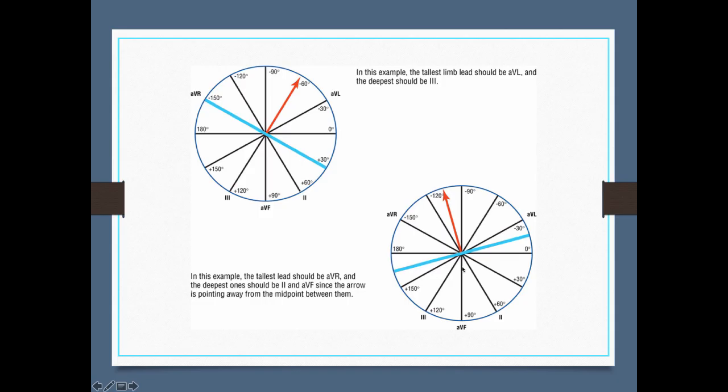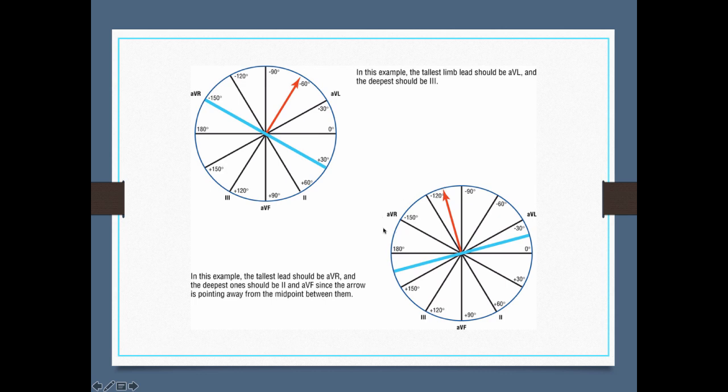In this one, we picked AVL, it looks like, as our isoelectric lead. We ended up right here at maybe negative 100 or negative 110 degrees. Well, which one is closest to this arrow?